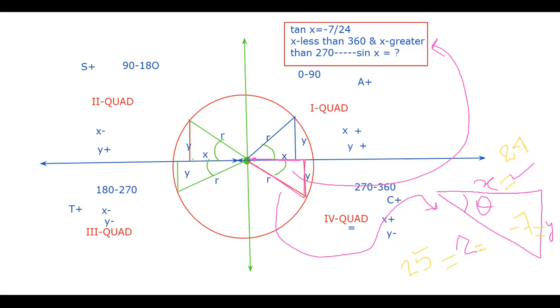So it's 1 divided by tangent, which is 1 divided by minus 7 over 24, which turns into 24 over 7.